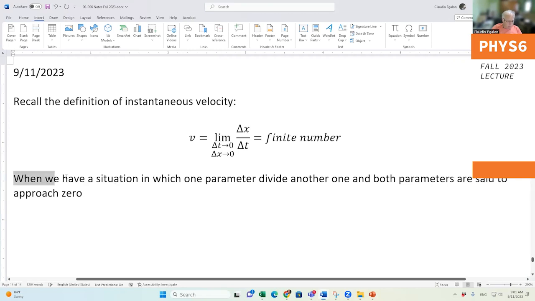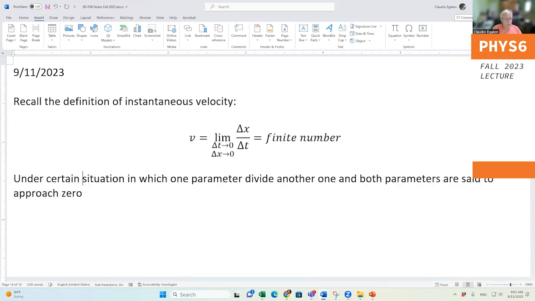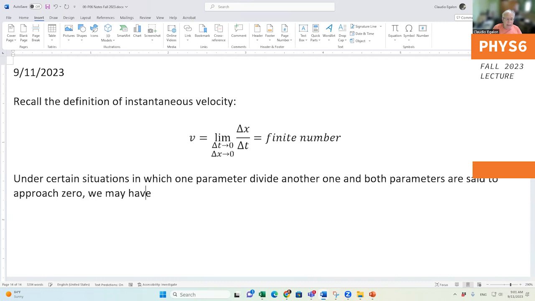Under certain situations, in which one parameter divided by another one and both parameters are set to approach 0, we may have a finite number, just like we saw for sine of x divided by x whenever x goes to 0.